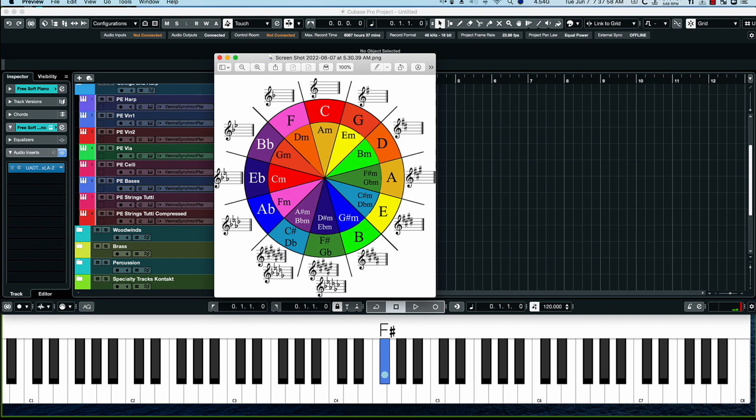Basically, when you go up, you get a sharp, and when you go down, you get a flat. For example, there's D, so if I go down, I get a D flat. And if I start at D and go up, I get a D sharp, which is the same as if I started at E and went down, and got an E flat.